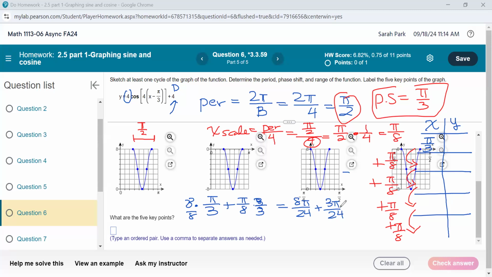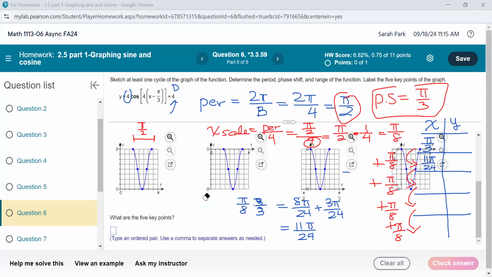And that becomes 11 pi over 24. So that's our next value, 11 pi over 24. Just want to double check that I'm doing this correctly. 8 pi over 24 plus 3 pi over 24 will have 11 pi over 24.